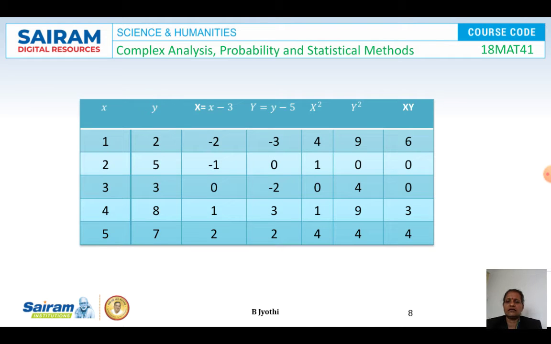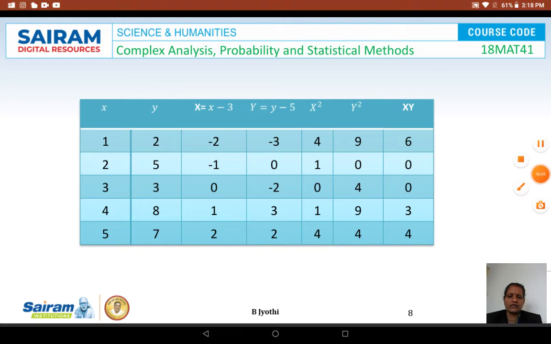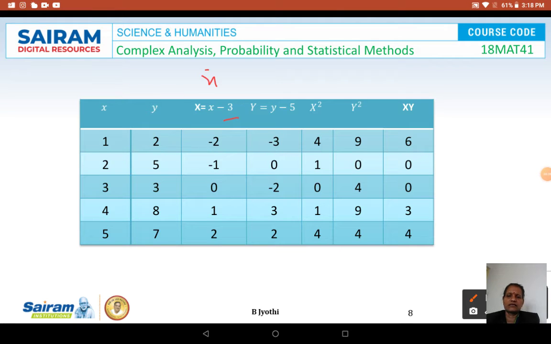Now let us see the table. Similar to the previous problem, let us calculate capital X by using the data of x here. We have calculated the means: x bar is 3 and y bar is 5.